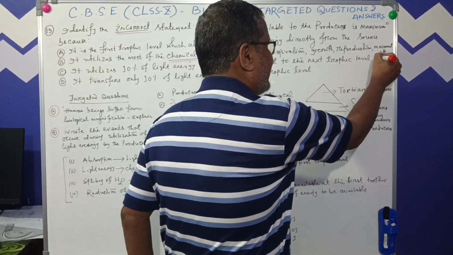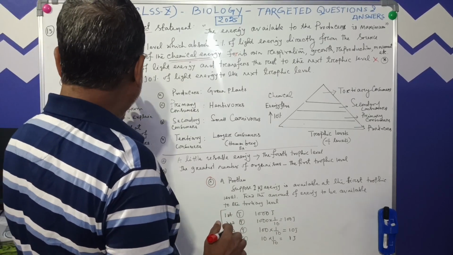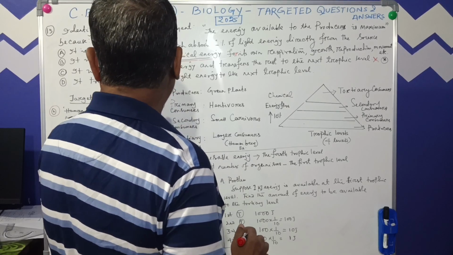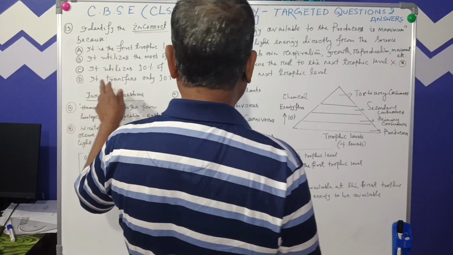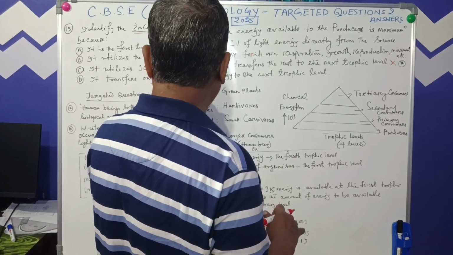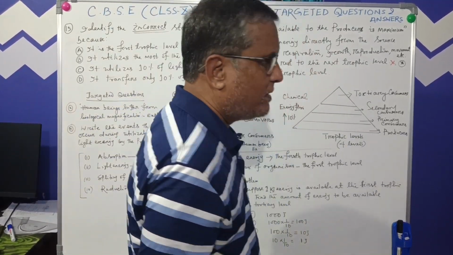Let me read option D: it transfers only 10% of light energy to the next trophic level.